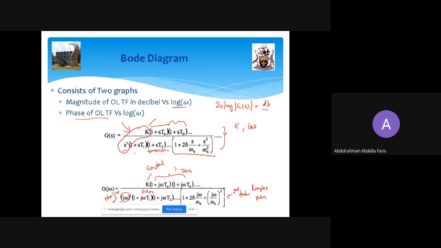You can either look for magnitude at every omega, or we can look for approximations of these factors and plot them as you use that transfer function. So we'll tackle this first, k over s, and then 0, and then pole, and later on we'll look at an example of how to plot these diagrams.